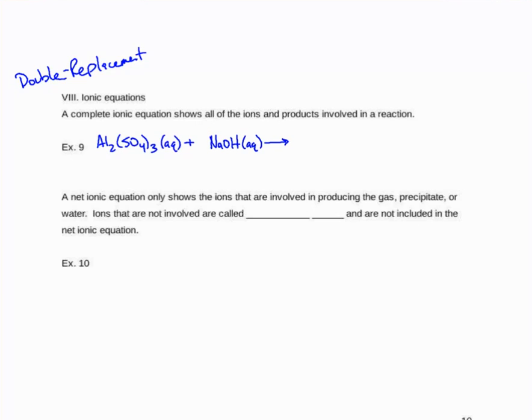So some charges. I know that aluminum has a 3+ charge. It's in group 13 on the periodic table. Now you may or may not know the charge of sulfate, SO4. It's at the end of the ionic compounds unit in a table, but in some situations it's not really that helpful to flip all the way back, because we could figure this out here and now without actually knowing its charge.